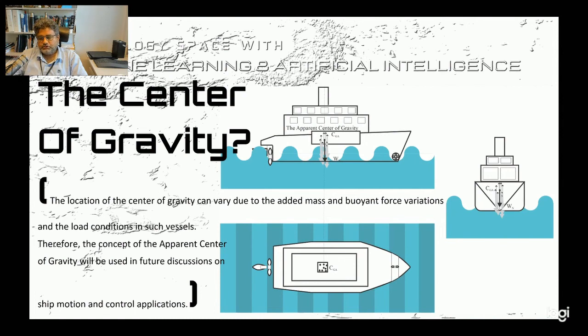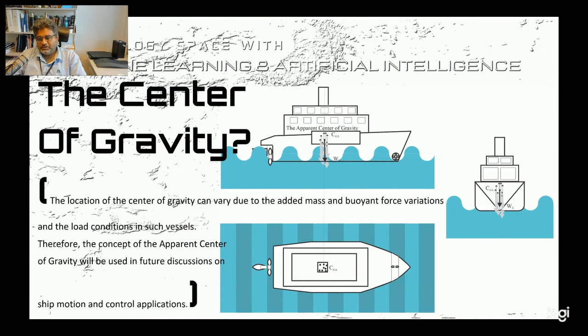So what could eventually happen due to these interactions is that the added mass and the buoyant force acting on these vessels could vary. Therefore, the weight condition of the vessel can also vary. In addition to that, the load condition of these vessels can also vary due to the cargo they are carrying or additional requirements in vessel operations.